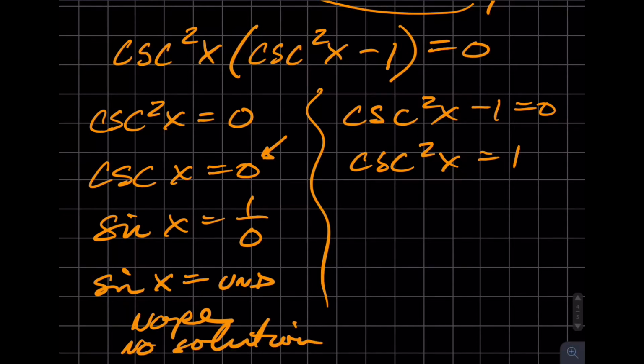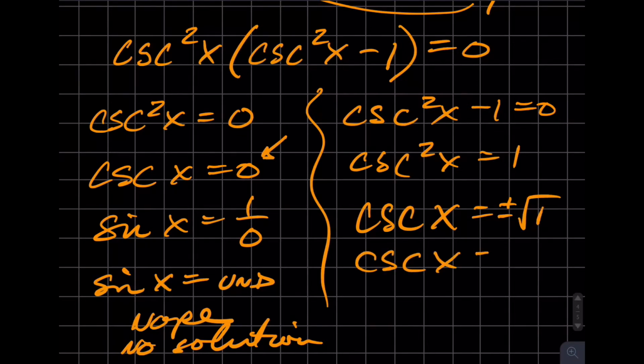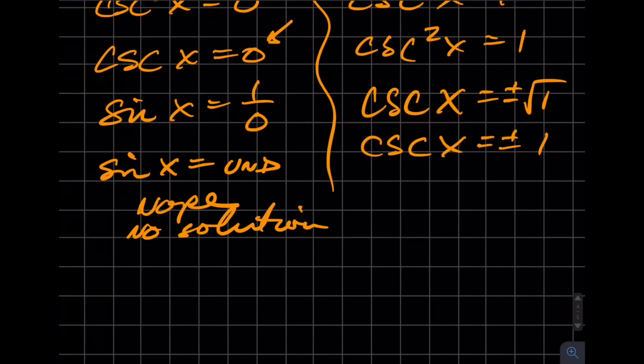from that part. This part, I'm going to take the square root of both sides. I'm going to get cosecant x is equal to plus or minus the square root of 1. And so that's cosecant of x is equal to plus or minus 1. So I have two values to think about.